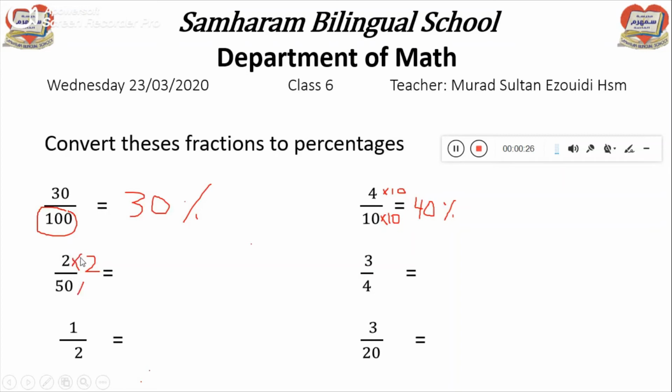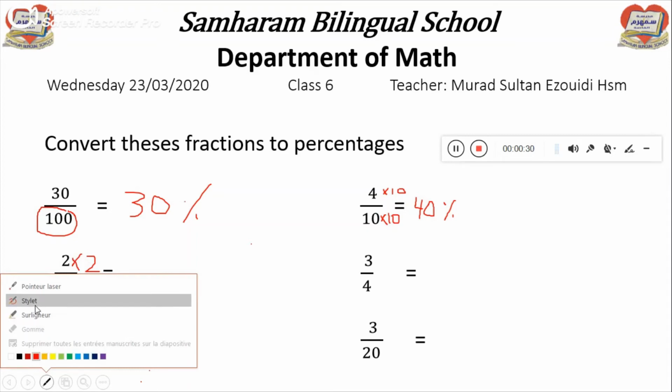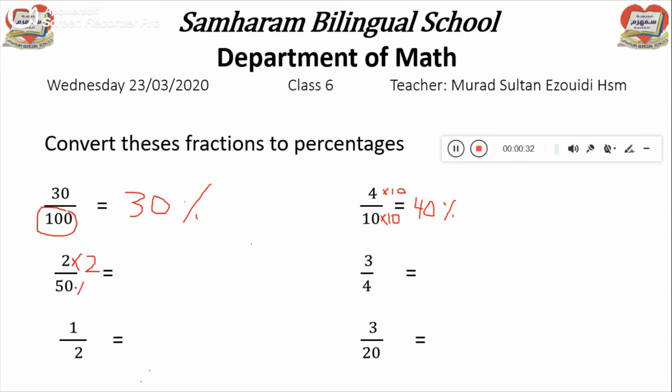The numerator we multiplied by 2, so we should also multiply the denominator by 2, my kids. So 2 times 2 is 4, and 50 times 2 is 100. So this one is equal to what, my kids? It will be equal to 4%.